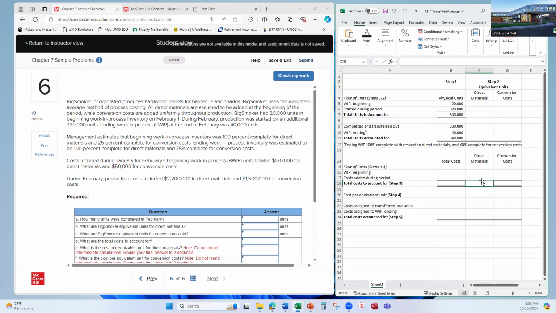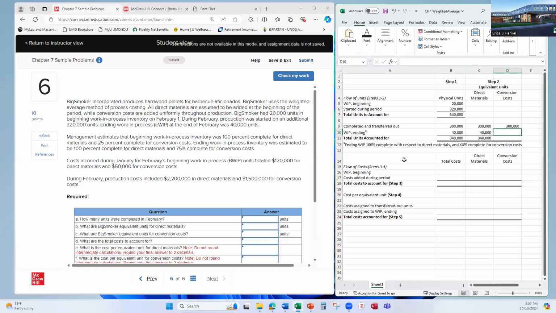Okay, now, because we know that these are 100% complete for direct materials, we know that the items that were complete, because they're complete at the beginning of the process for direct materials, this is going to be equal to that number, and equal to B10. So we've now accounted for all of the units there. And then as far as the items that are completed and transferred out, those are also going to be 100% complete for conversion costs if they've been completed.